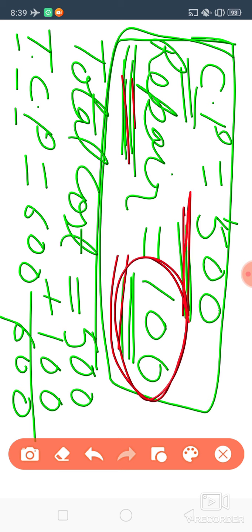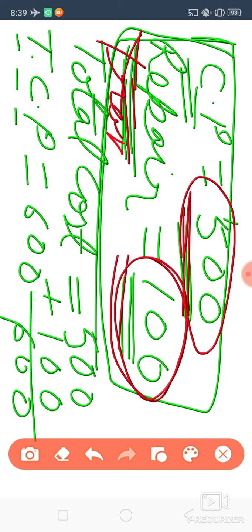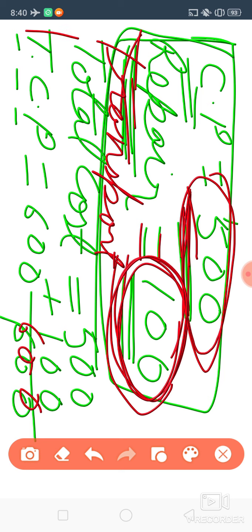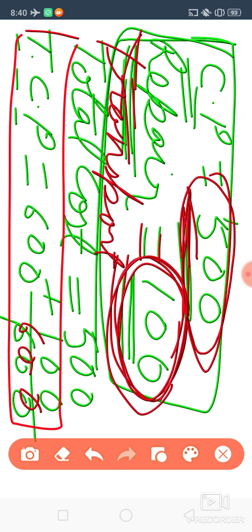Suppose you have bought this chair for 500 rupees and you brought this on an auto, so this is your transportation cost. The auto wala has charged you 100 rupees. So now in buying 500 rupees you have spent and 100 rupees in transport cost. So total how much is your cost? 600 is your cost. Okay, so this is called total cost price.